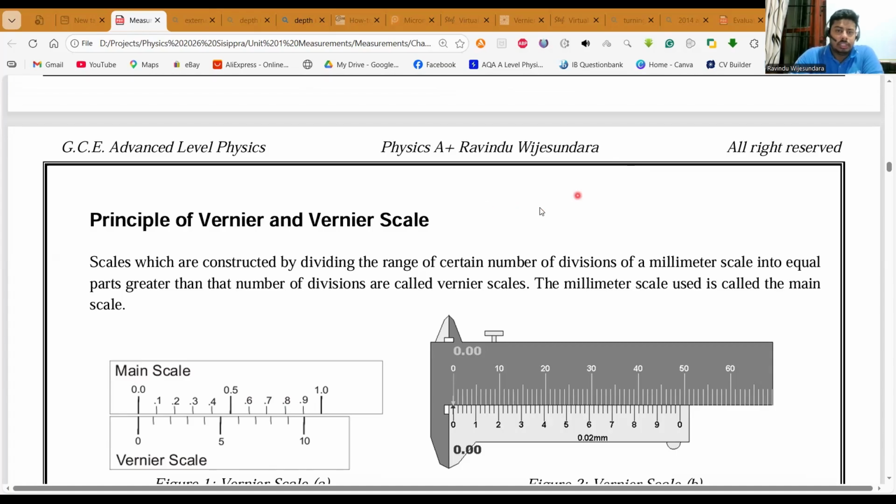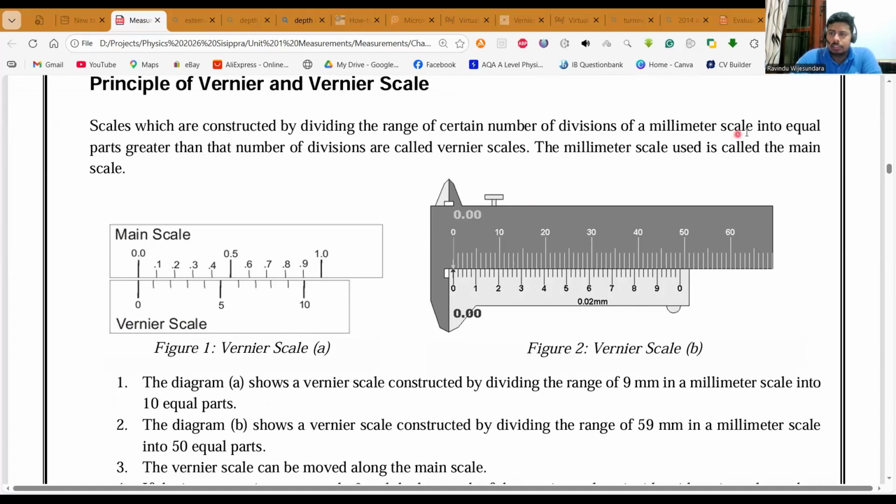So, the principle of Vernier and Vernier scale, as we discussed last week also, there are two kinds of scales that we can see. The problem with the normal measuring instrument is this: let's say you are taking a measurement from a meter ruler.